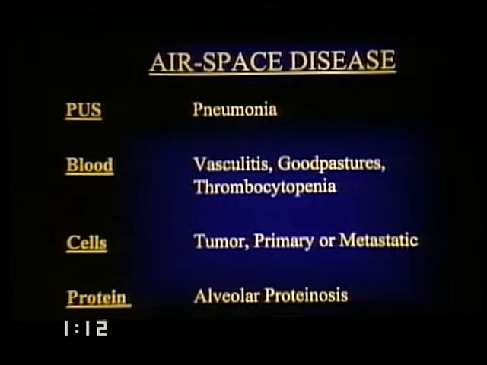The leukemic individuals, every leukemic individual who has come to autopsy in our institution for the last 20 or 30 years, I review all the autopsy reports, has had blood in the lungs at the time of death. Cells may be primary or metastatic tumor, and protein is a rare cause, alveolar proteinosis.